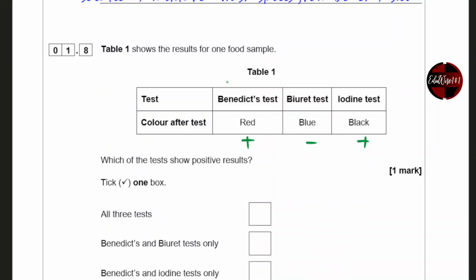Benedict's is for sugar, protein, and starch. So, which of the tests show positive results? Benedict's and iodine. That is number 2.